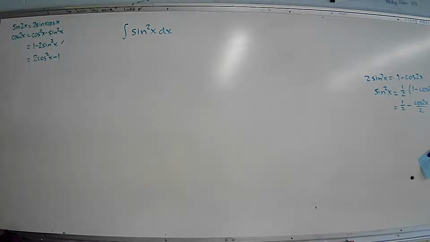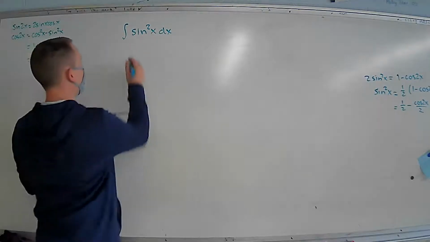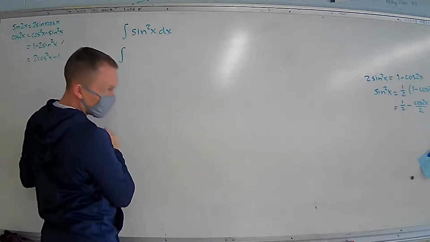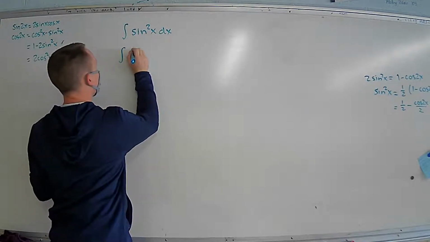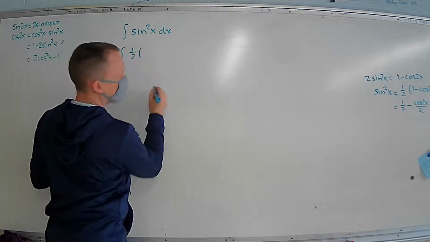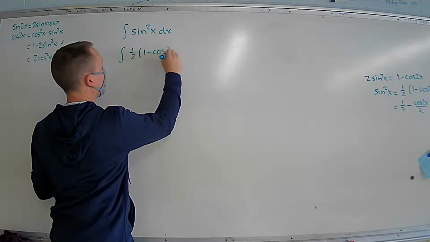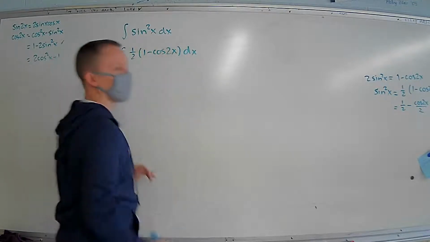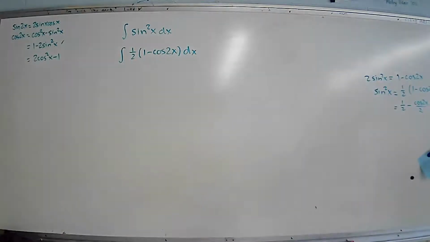So now, what is sine squared then? If we replace that in our integral, what is it going to look like? Sine squared is equal to 1/2 times 1 minus cosine of 2x. Now, why is that helpful to us?